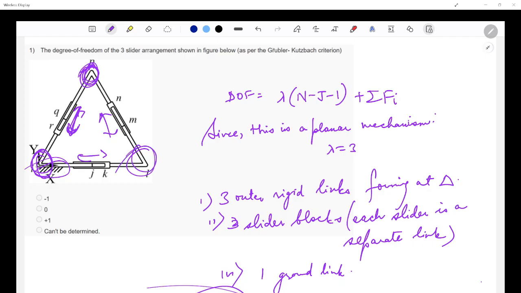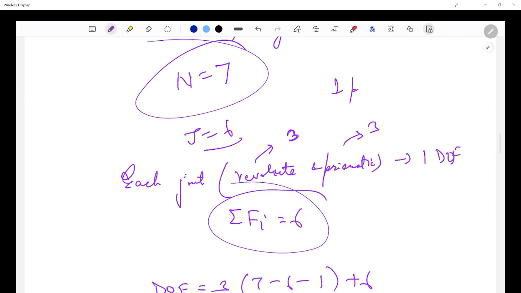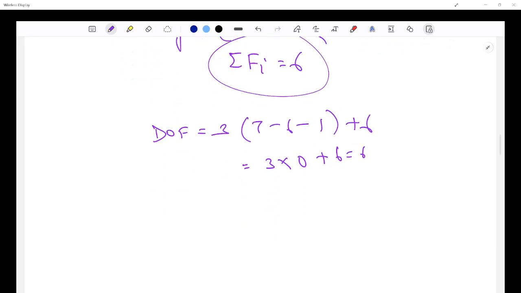So this mistake shouldn't be made. We don't have to assume that there are these joints. Anytime you see this figure, this is a very common mistake where people think that this is also a joint apart from prismatic. So in that case, what would be the answer?